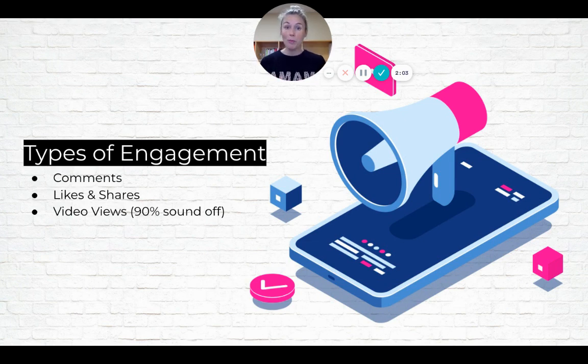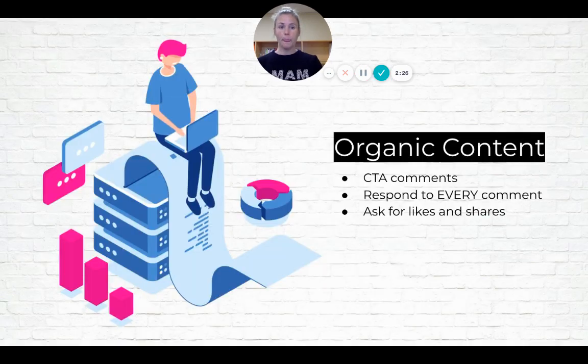The thing you have to remember about video views is that 90% of all videos on Facebook are viewed with the sound off. So if you want to get longer video views, it's really important to have subtitles in your videos, and there's a lot of different ways you can do that. I'm not going to go over all of them in this presentation, but Facebook will also auto-generate them for you, which is great.